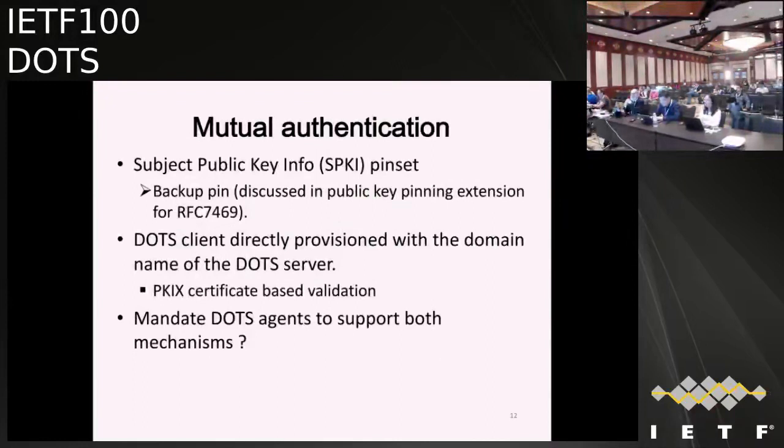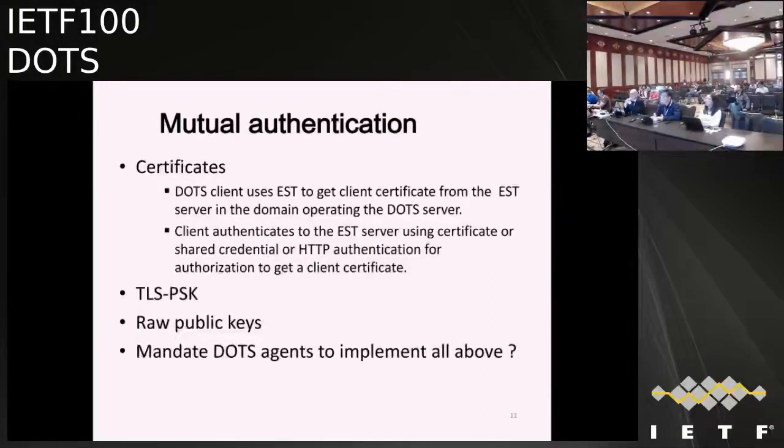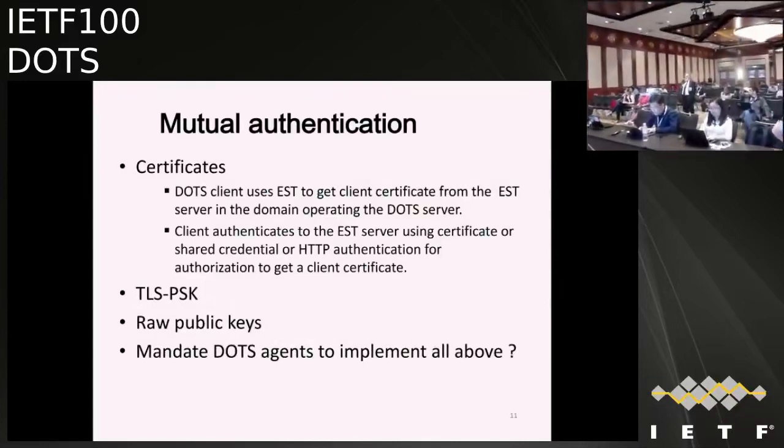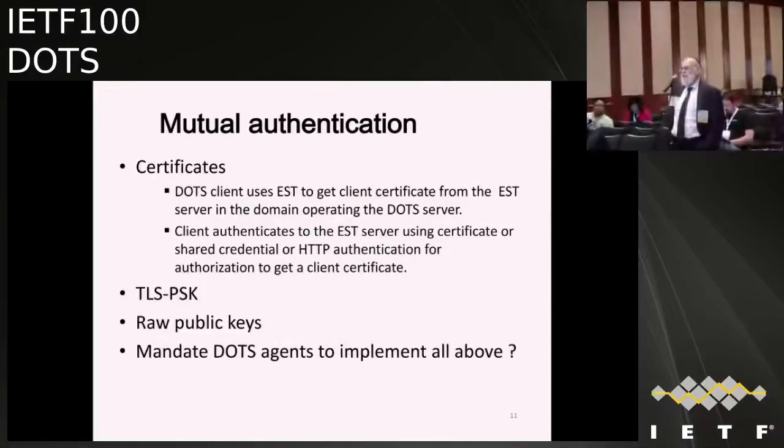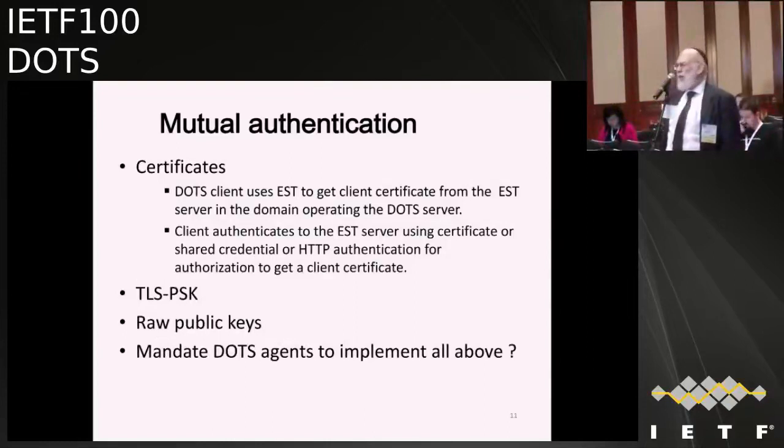Before we go on, if you go back to slide 11, the other meta question for the working group to decide is how many methods should be mandatory to implement, and how we handle the optionality. Unfortunately, I think those three are mandatory. You can't make it any one or even two of those three. We're stuck, for lots of reasons, with pre-shared key, certificate, and raw public key.